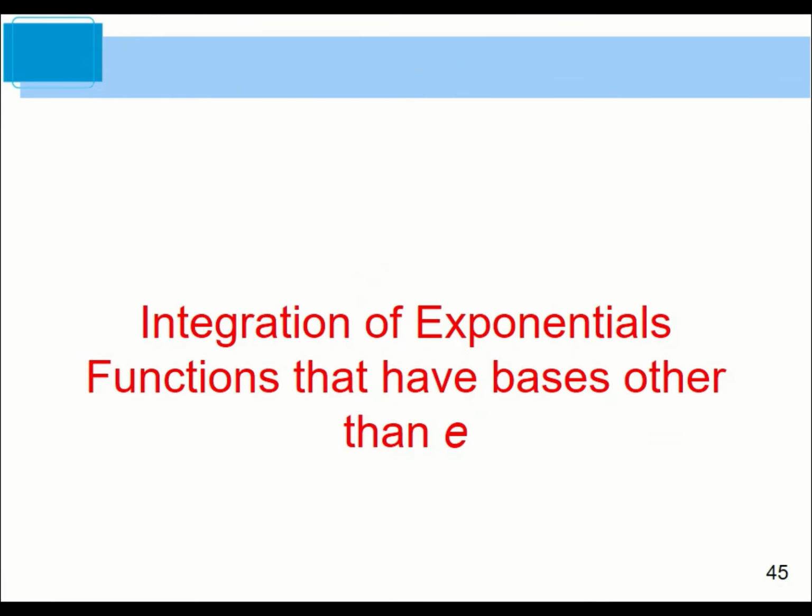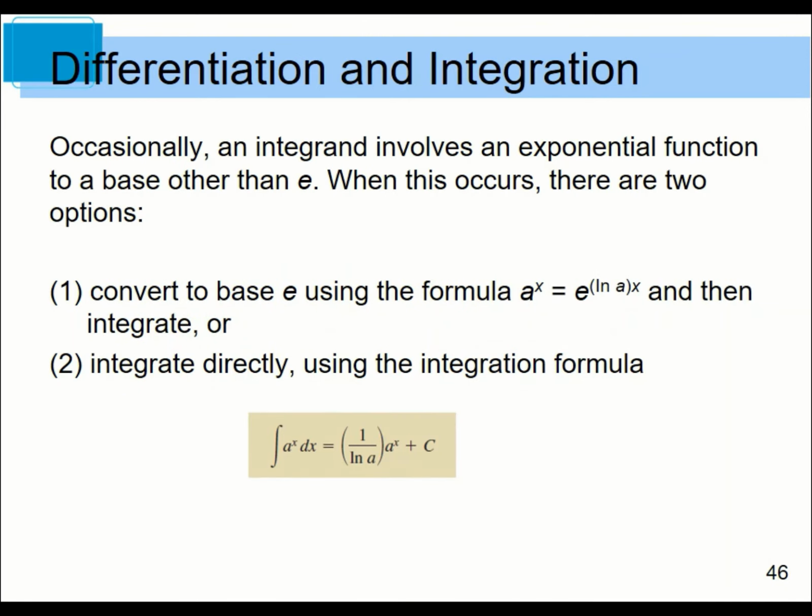Now, what if we have the integration of exponential functions that have bases other than e? This is the formula we can use. We integrate a to the power of x and we get 1 over ln a, where ln a is ln of the base, then we copy a to the power of x, plus c.